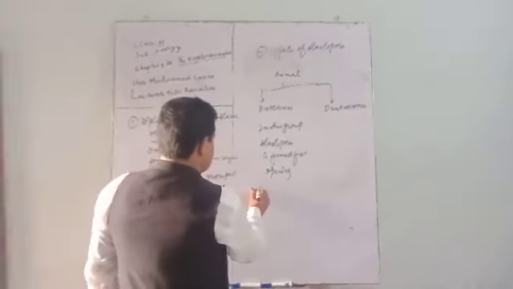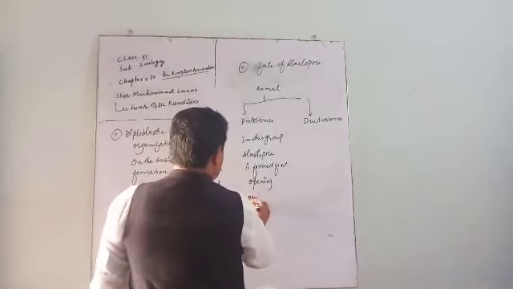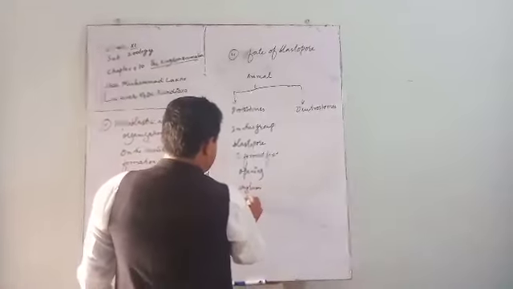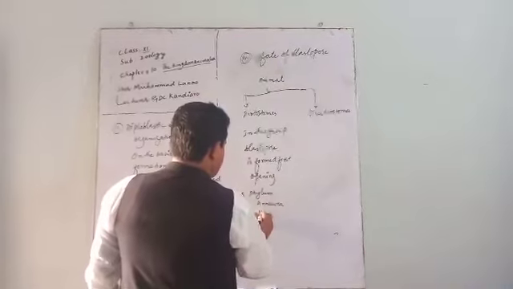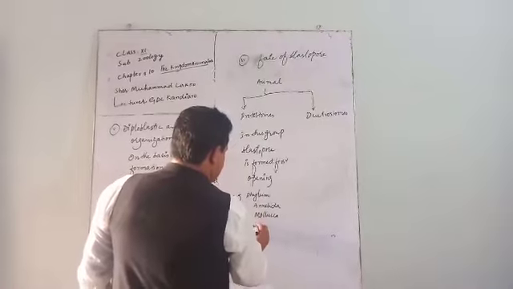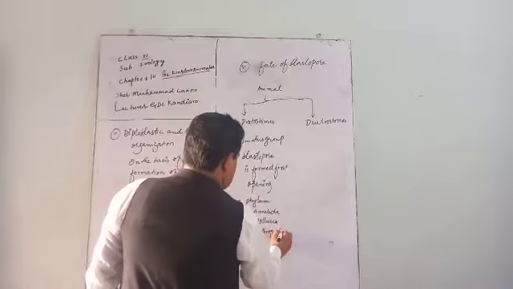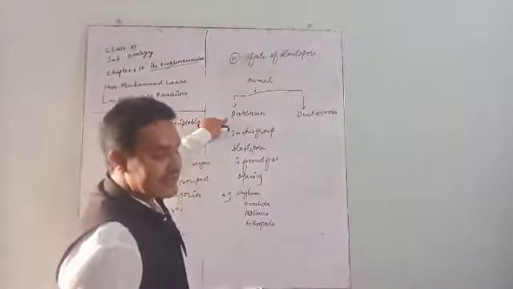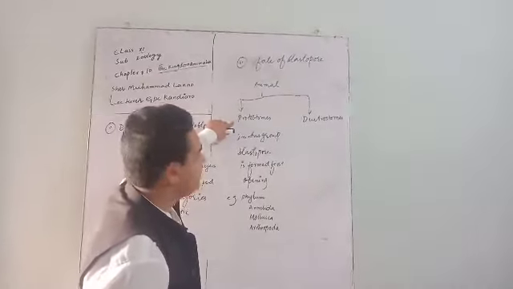Examples of this group are phylum Annelida, Mollusca, and phylum Arthropoda. These are categorized into the group Protostomata.